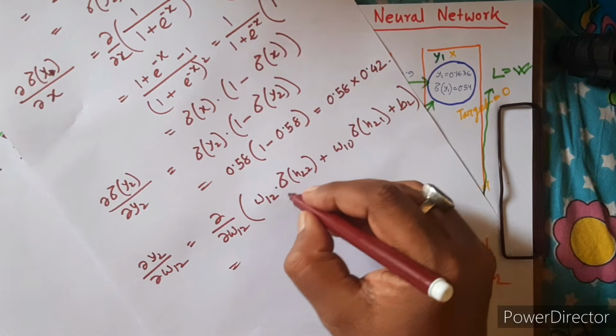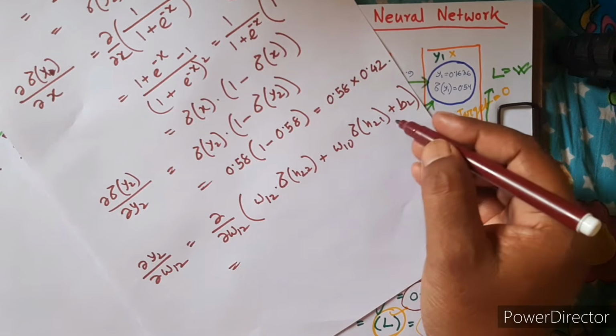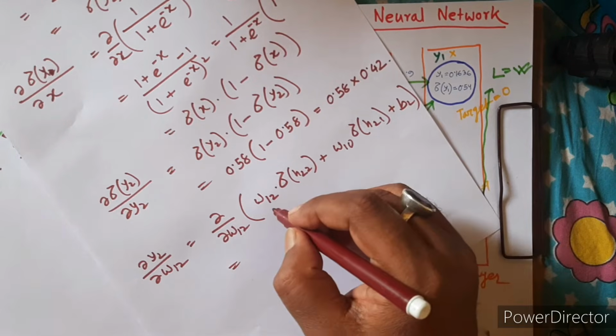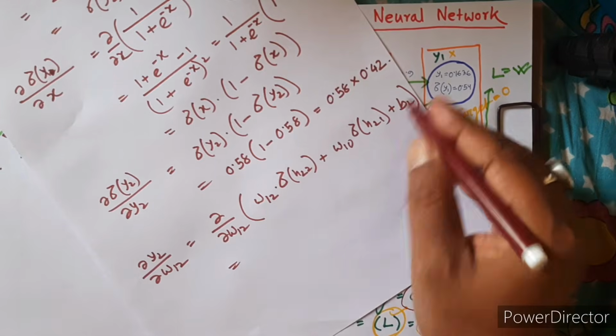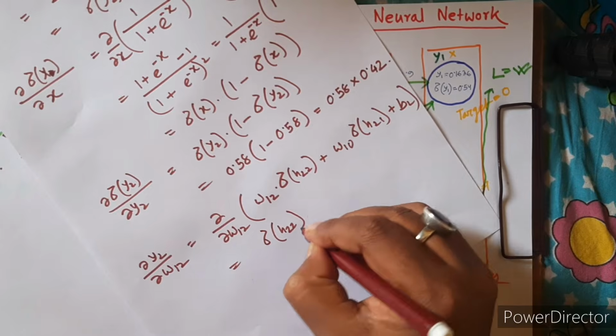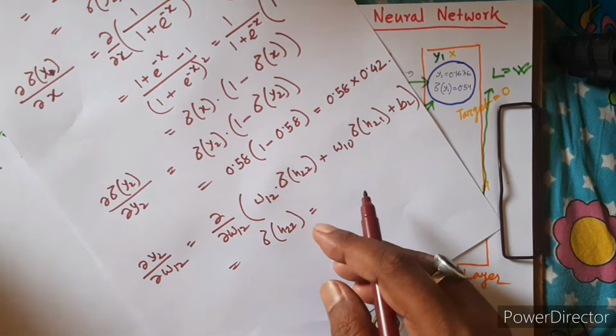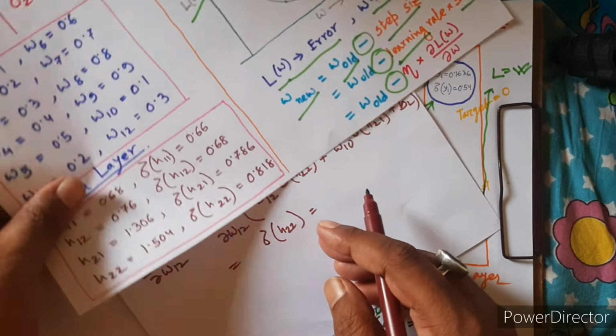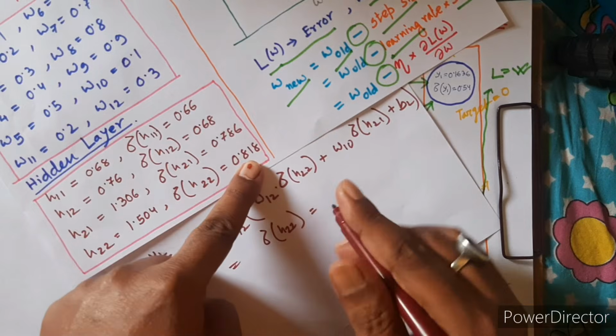Now you have the partial derivative, so everything is constant apart from w12, so the others will be nullified, and only sigma of h22 remains. So that is sigma of h22, which is 0.818.